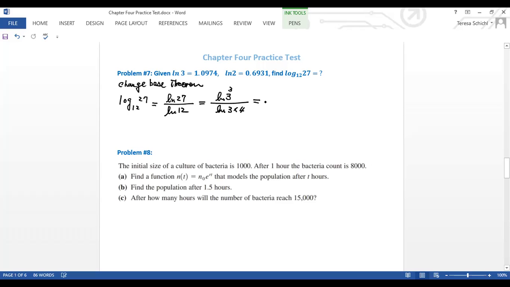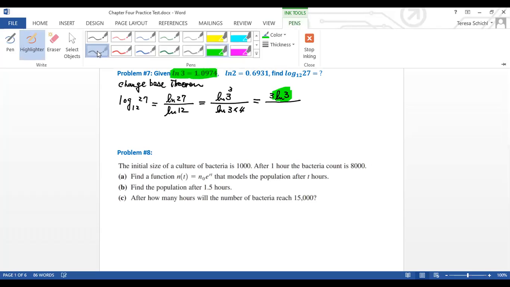Now this one, you move the exponent down, so this is 3 natural log 3, by using the laws of logarithms. This is good, because I know what natural log 3 is, I can plug that in.